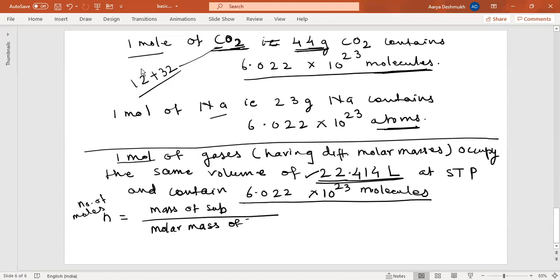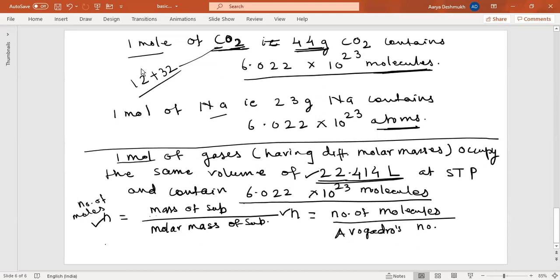Or n can be calculated from the number of molecules if it is given. If the number of molecules is given and you are expected to calculate the number of moles, you divide the number of molecules by Avogadro's number. These conversions are very important; many times you will need them.